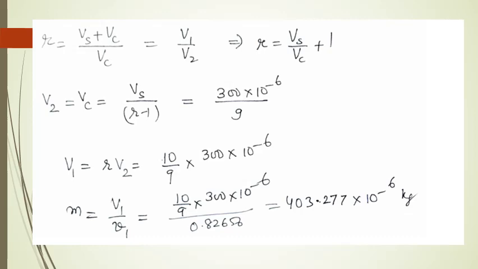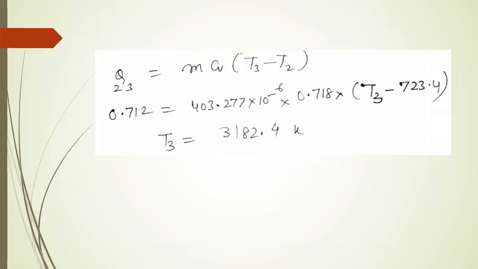Now the value of mass is V1 divided by small v1, where V1 is the volume at state 1 in meter cube and small v1 is the specific volume at state 1. Now with this, the value of mass, that is m, comes out to be 403.277 into 10 to the power minus 6 kg.